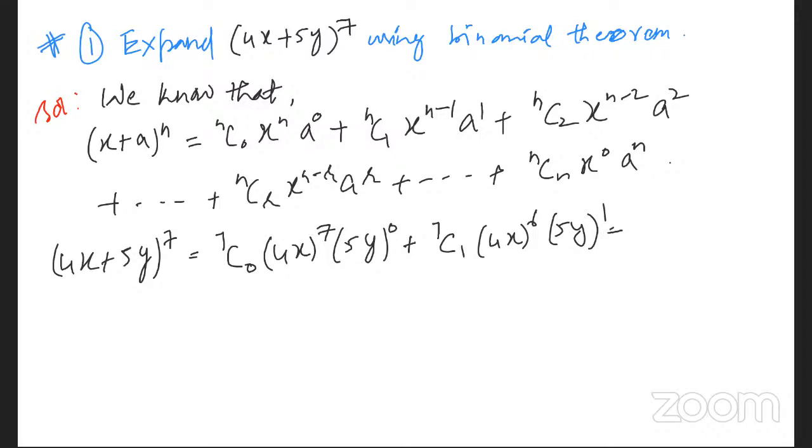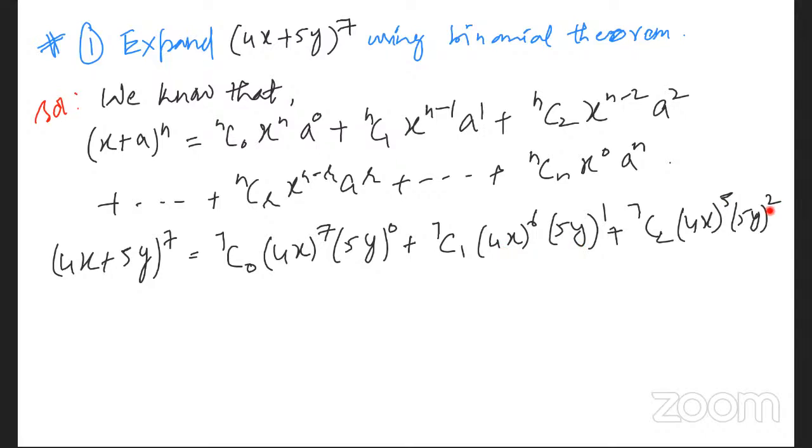Plus 7C2 (4x)^5 (5y)^2. The x term will decrease and the y term will increase.